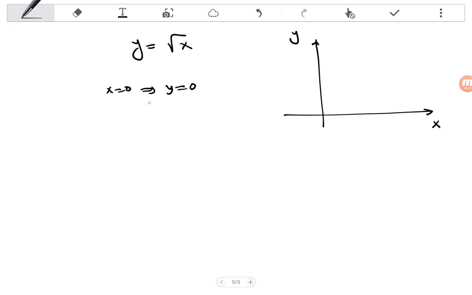So we have this point, 0 and 0, and we plot it like this. If the input is 1, the output will also be 1. Root 1 is equal to 1, and that gives me the point 1 and 1. This is another point of the function.